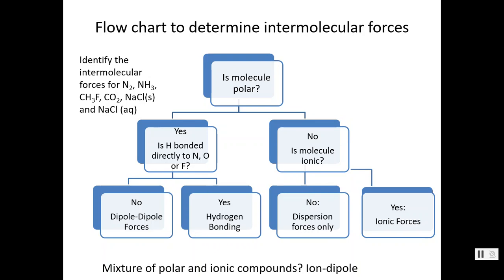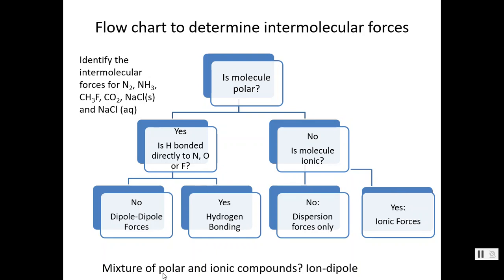And what I tell my students is that if you're presented with a molecule and you have no idea what intermolecular attraction is present, always say dispersion forces because those are present in all molecules. Okay? But if something is non-polar and not ionic, just dispersion forces. If it's ionic, then it would just be ionic forces.